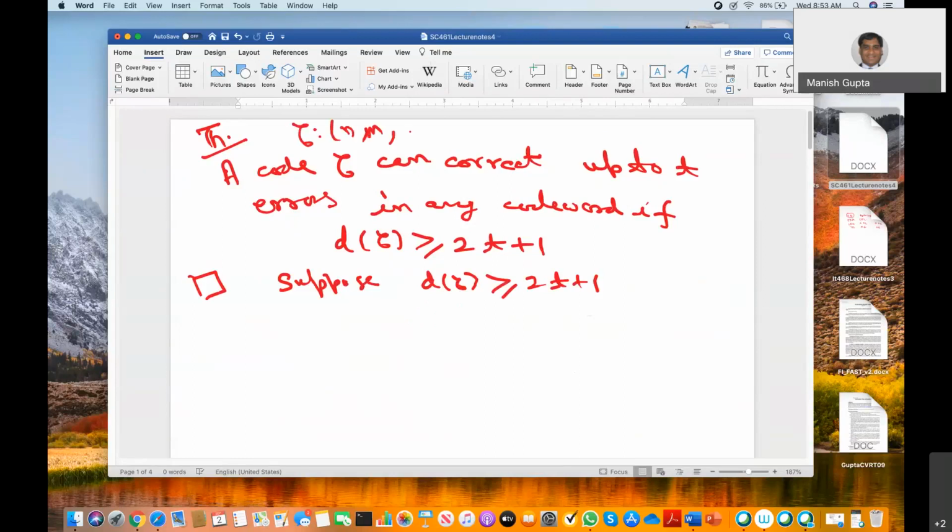Now suppose vector X is sent, and Y is received, and suppose T or fewer errors occur.